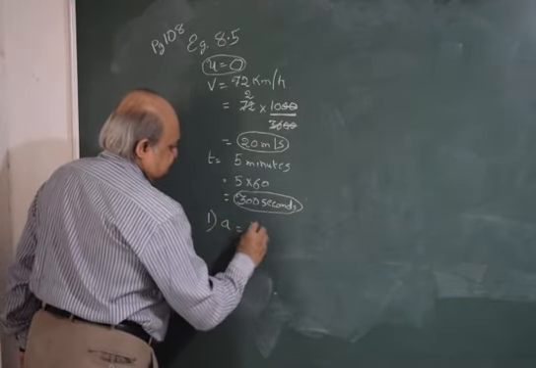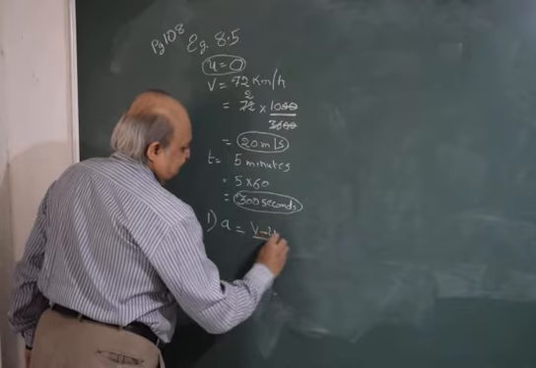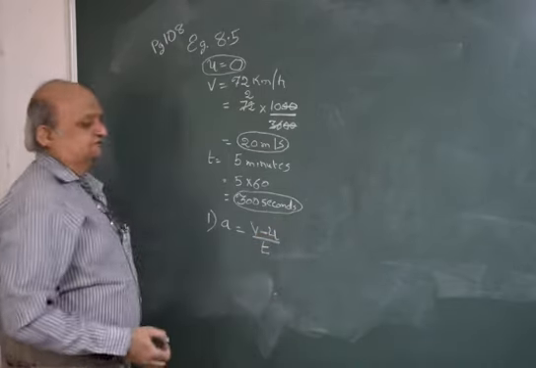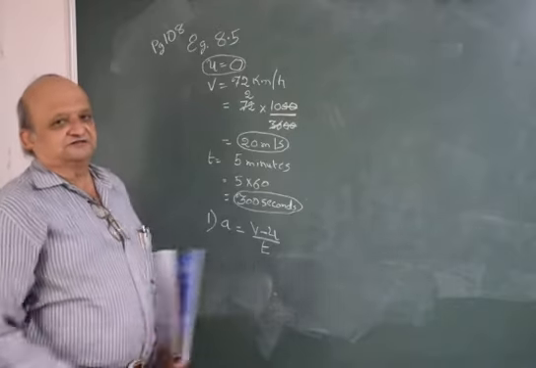Now we know that acceleration is final velocity minus initial velocity upon time. Equation number 1.